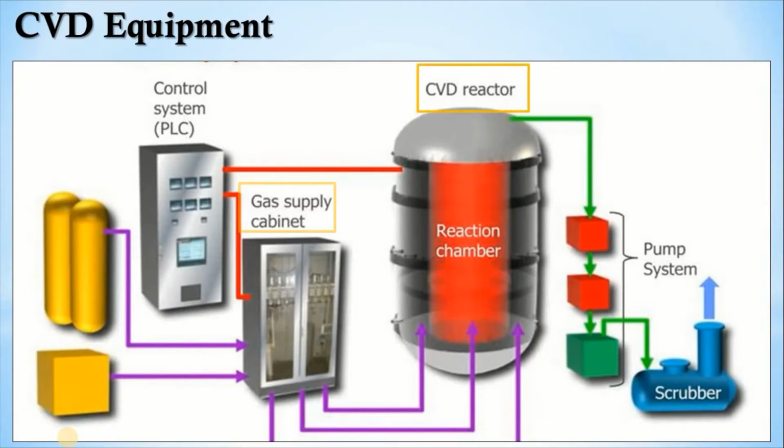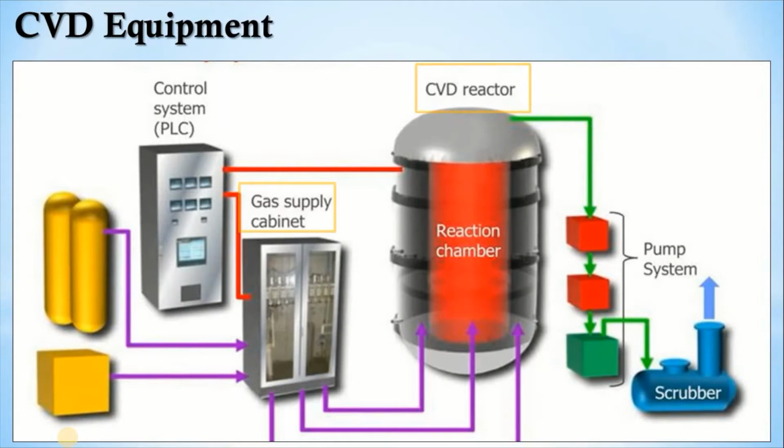The unreacted precursors and the corrosive byproducts such as HCl are neutralized or trapped using liquid nitrogen. The inflammable gases such as hydrogen are burned off. Unreacted expensive precursors may be collected at the outlet and recycled. So these are the equipment.